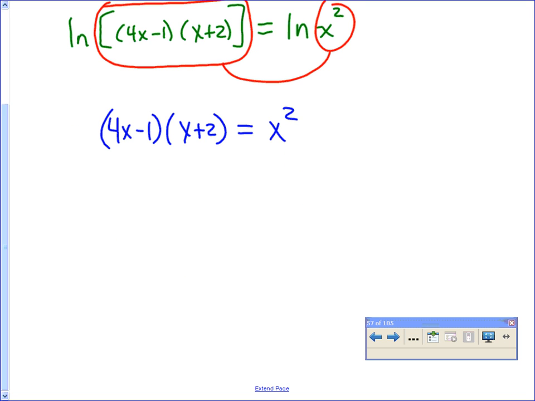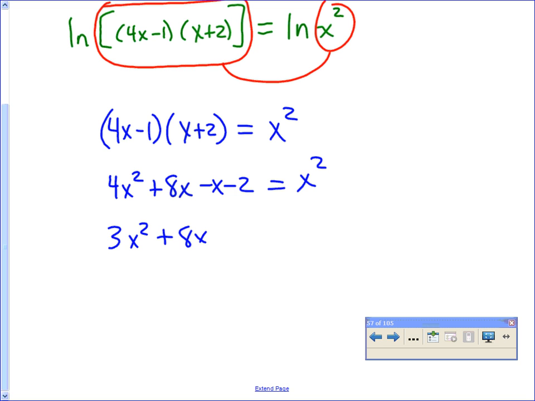And I'm just solving this. So I need to multiply this, 4x squared plus 8x minus 2 is equal to x squared. And let's move the x squared over and end up with 3x squared. And we're going to either factor to solve or use the quadratic formula.